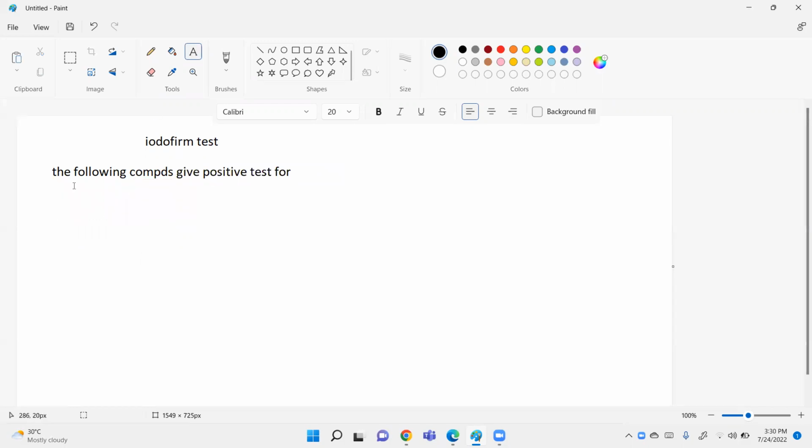There are 3-4 compounds. You should know this by heart. First one is ethanol. Ethanol is one, and methyl ketones.